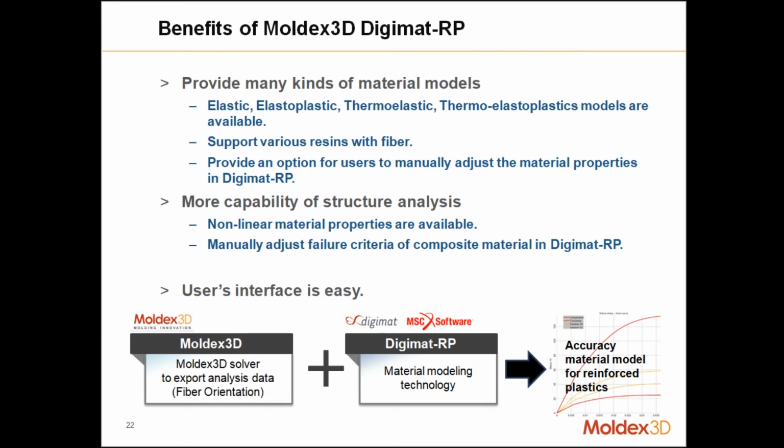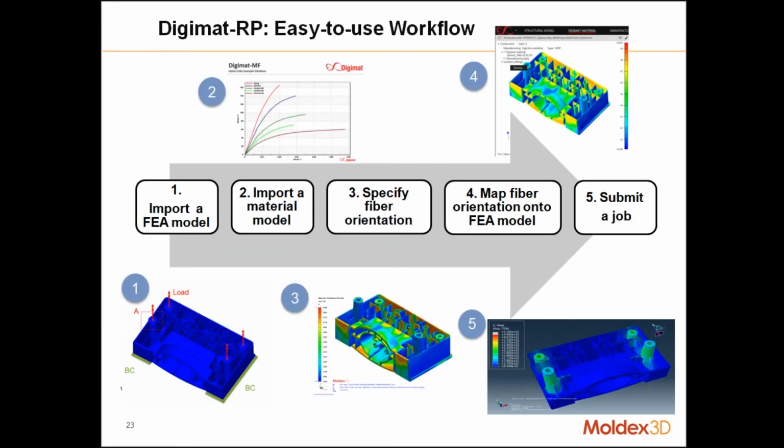And by providing this kind of stress-strain curve, Digimat RP can do the reverse engineering to create the material model for what you really use for the process. So I would say this is a kind of customized function. Also in Digimat RP, something quite important for the user is that all the workflow is quite friendly and easy to use.